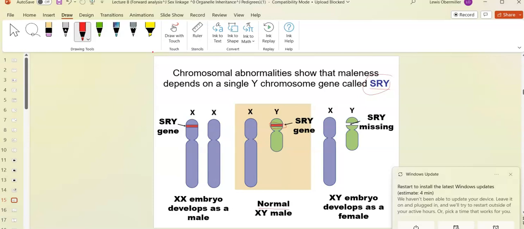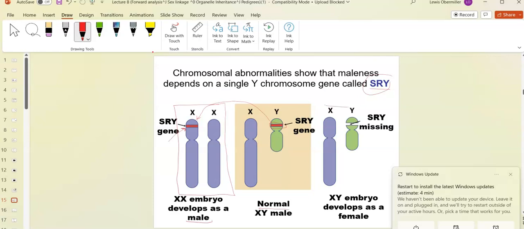However, this gene could get translocated to an X chromosome. And so you could have a female that's an XX with an SRY gene on it. And this individual, because that gene would be active, would develop as a male, even though it has chromosomes that indicate a female makeup.